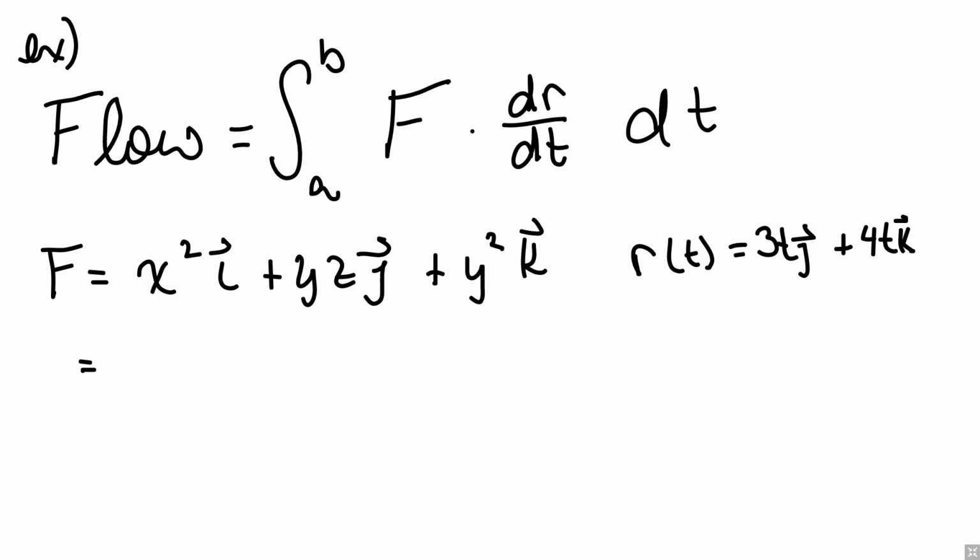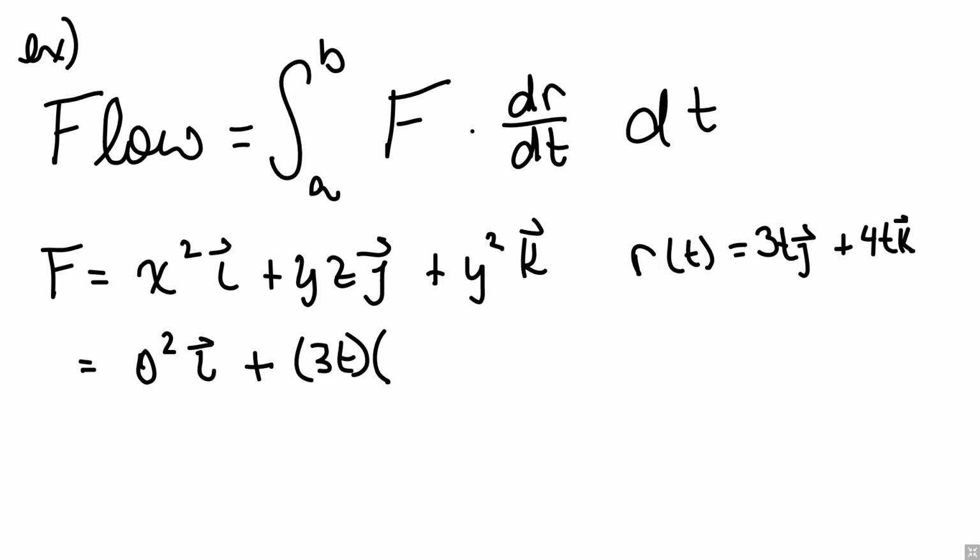So, first thing I have to do is transform the vector field in terms of time. What would I put in for x? I'm going to put in 0. So I'm going to have 0 squared in the i direction plus, in place of y, 3t.